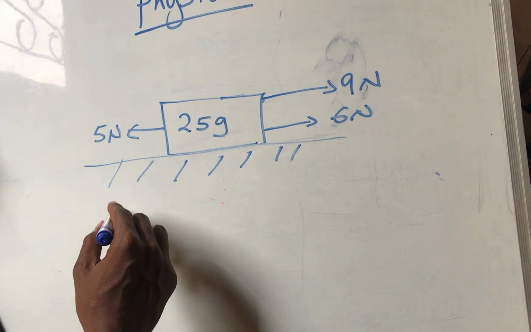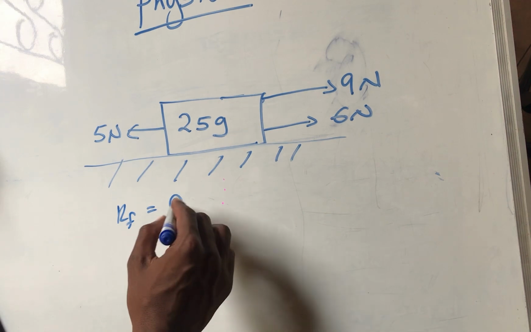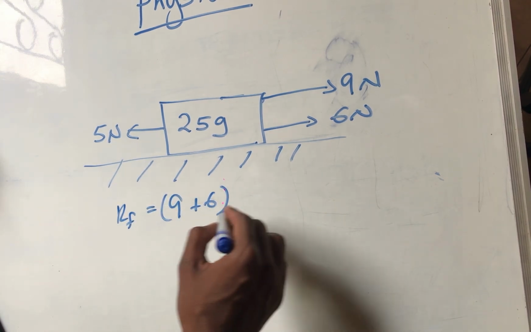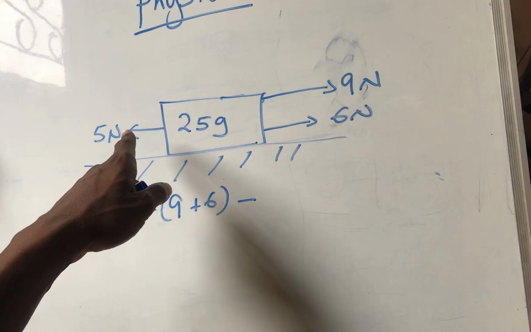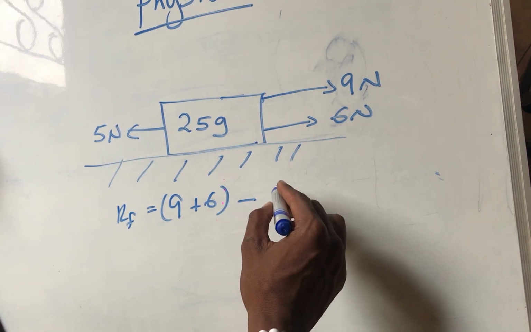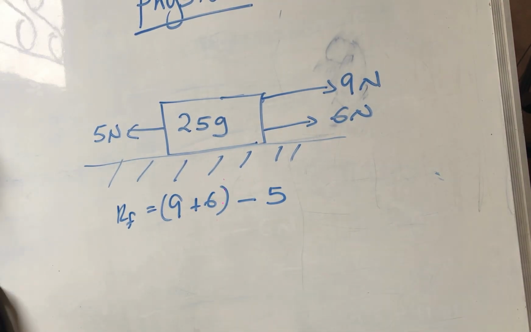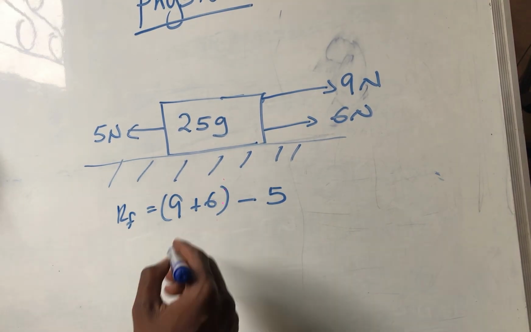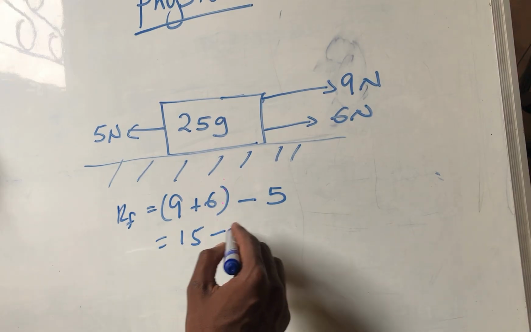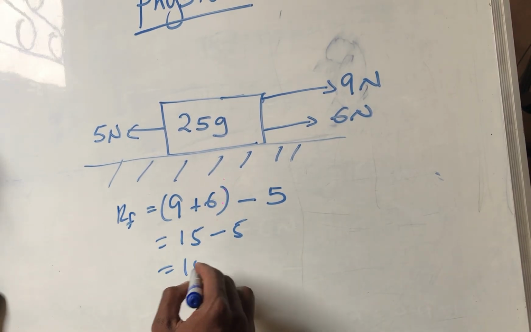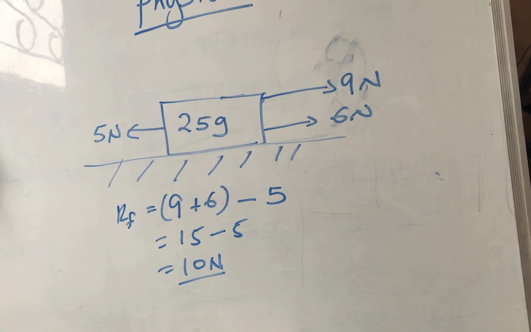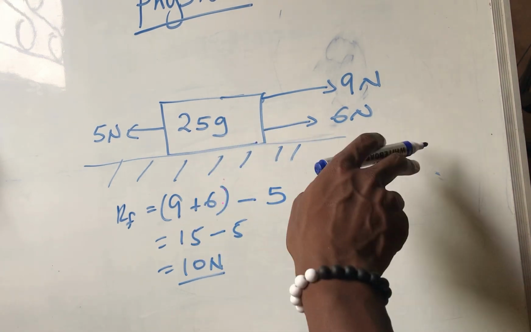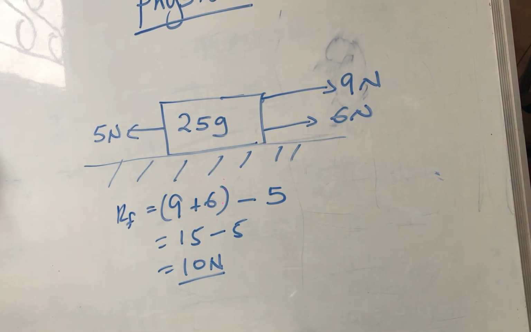So the resultant force will be equal to 9 plus 6 newtons minus this smaller force here that is acting in the opposite direction, so minus 5. So 9 plus 6 is 15, minus 5. So the resultant force will be 10 newtons. So this body of mass 25 grams will move to the right with a force of 10 newtons.